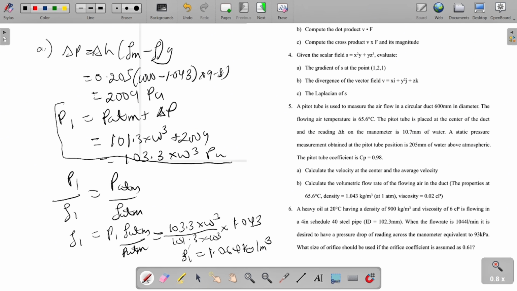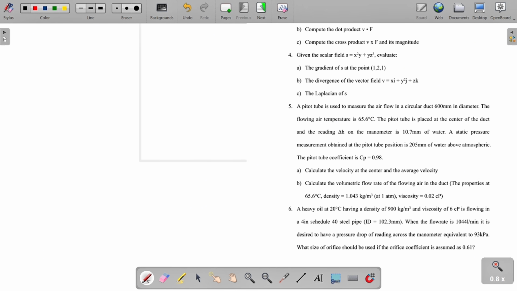So at this pressure, this is the actual density we are going to use, because from the question we can see that the density they gave us is 1.043, which is at 1 atm. So you have to calculate the density over here. If we now have the actual density, that means we can actually get the actual pressure.